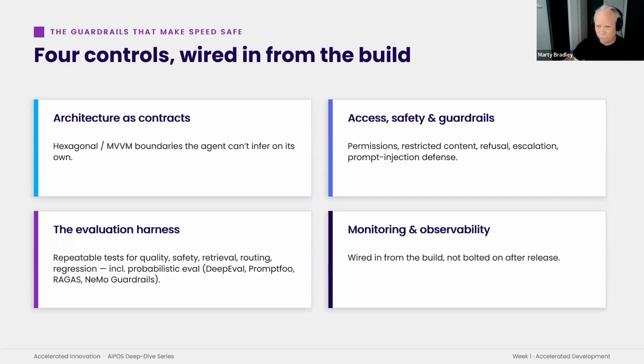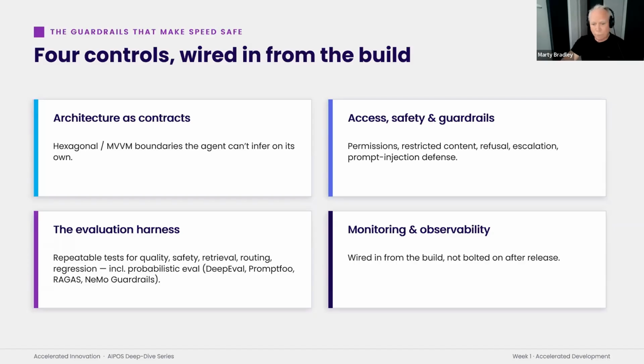So for example, we'll use prompt foo for prompt injection, right? And so the evaluation harness, right? We use dbeval. It's still using Ragus, but for very specific determination of thing. And then we kind of flip between Nemo guardrails and also guardrails AI.